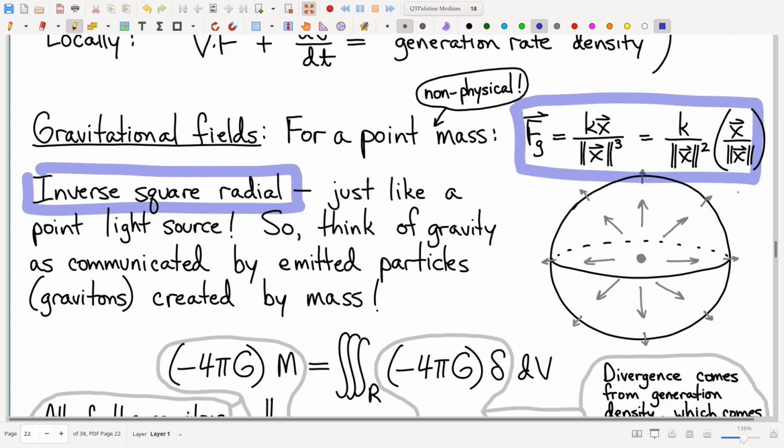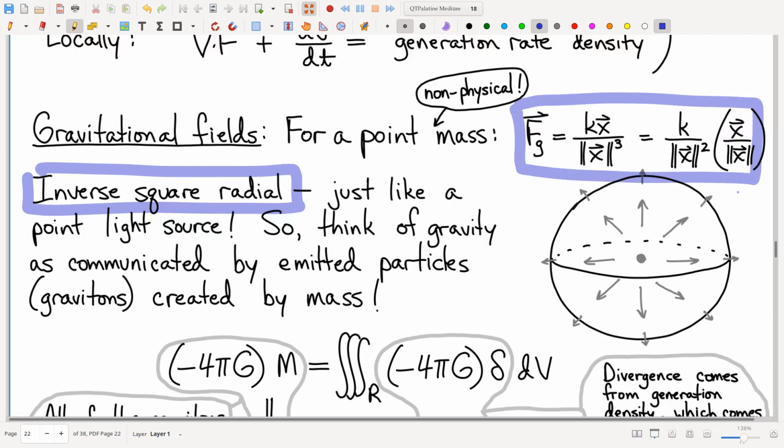And as y'all know, I like the little quip: if it looks like a duck, it quacks like a duck, right? This kind of makes it look like the nature of gravity might be that mass is kind of like light bulbs. That in the same way that light bulbs shoot out photons, maybe mass shoots out these little particles that communicate gravitational force. And they speculate these particles being called gravitons.